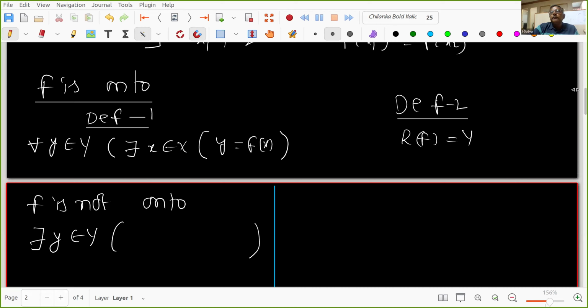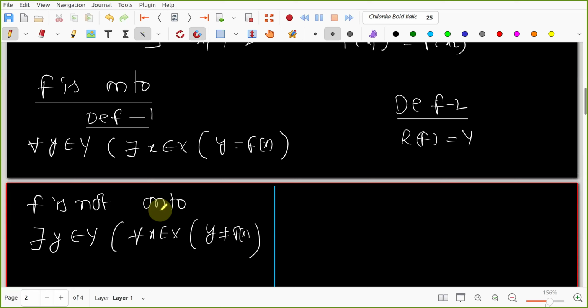Okay, Pujita. Given any x belonging to X, y is not equal to f of x. Whatever x you give me, y is not equal to f of x. Not onto means there is an element that does not have a pre-image. That means whatever x you give me, y is not equal to f of x.